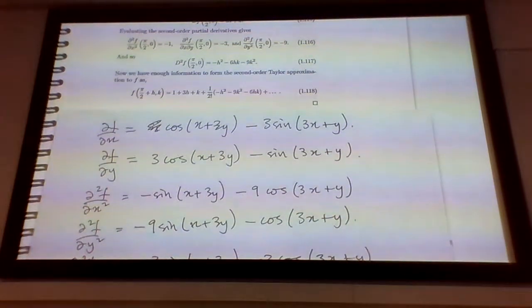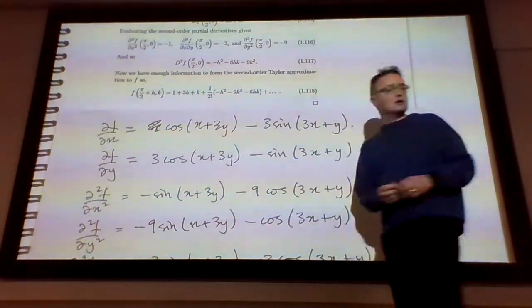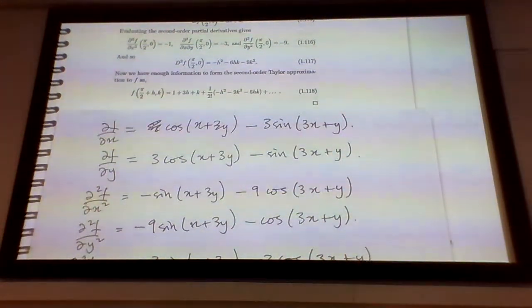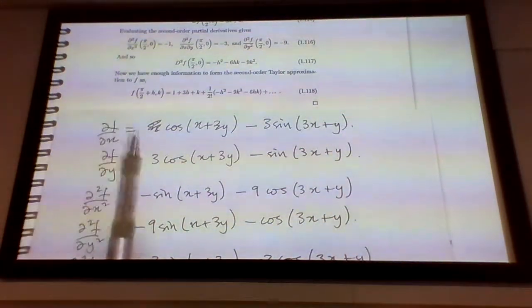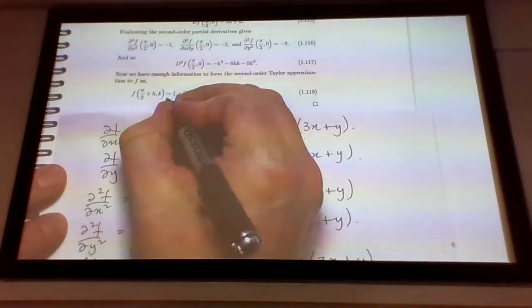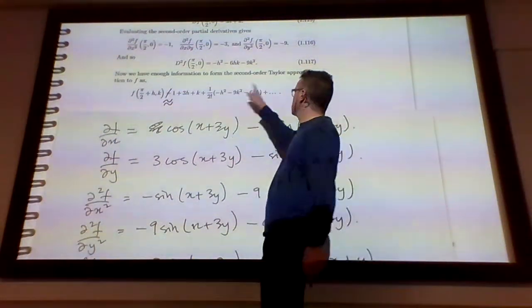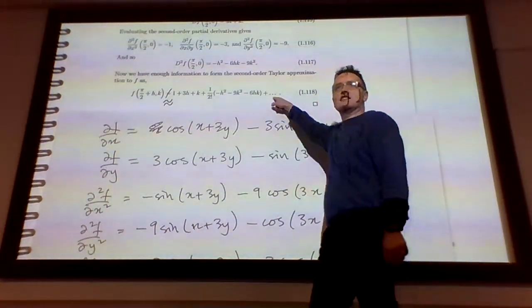It asks for the Taylor series up to order 2. Okay, so this is our approximation. Ooh, that's not an equal sign. Let's change that equal sign to approximately. Oh no, sorry, I indicated that there was more to come.